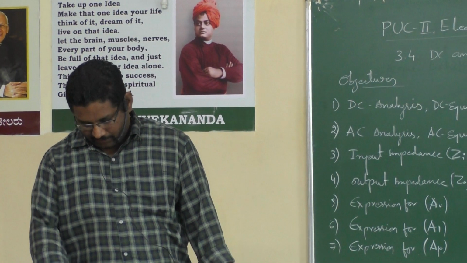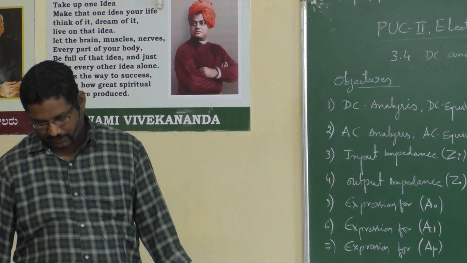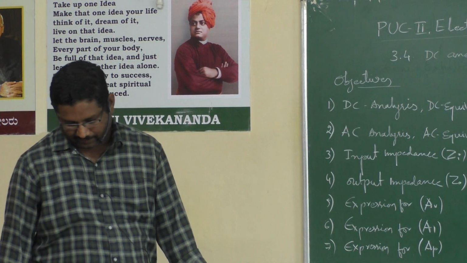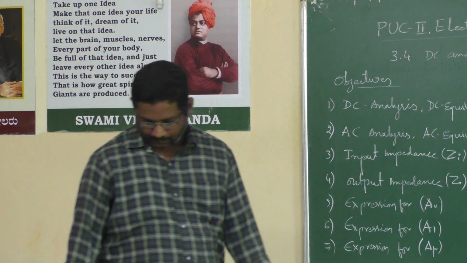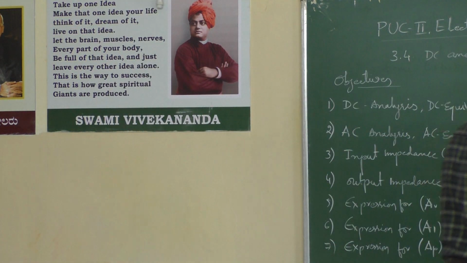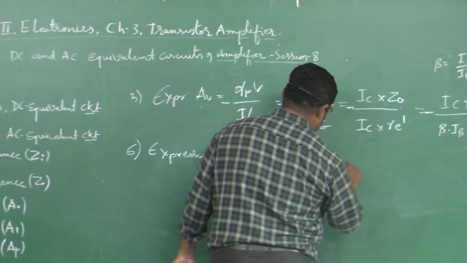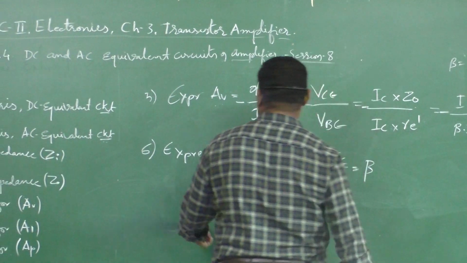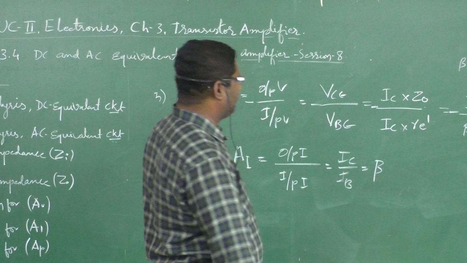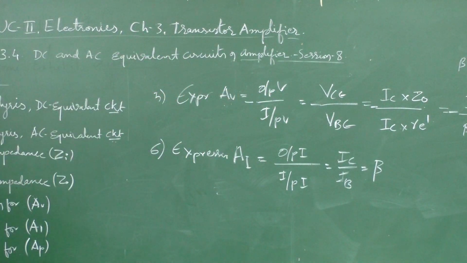Output current is nothing but IC divided by IB, which is equal to beta. So IC divided by IB is equal to beta. So that is the expression for current gain.